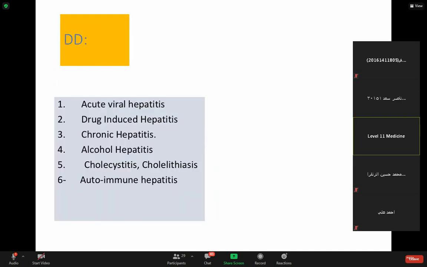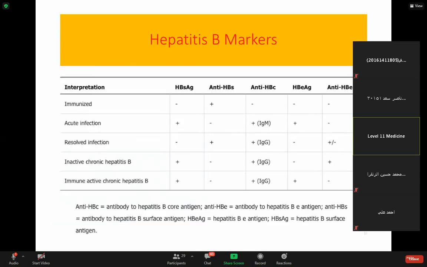So really the differential diagnosis for him, including acute viral hepatitis, including A طبعا, drug-induced hepatitis, so in particular we'll have to ask about hepatitis. Maybe he will have some chronic hepatitis, alcohol hepatitis related to drinking, cholestasis or cholithiasis, because they are common, and autoimmune hepatitis.